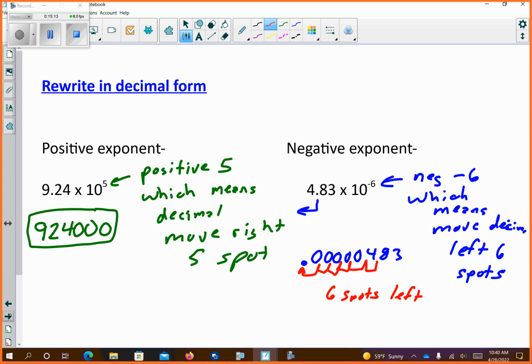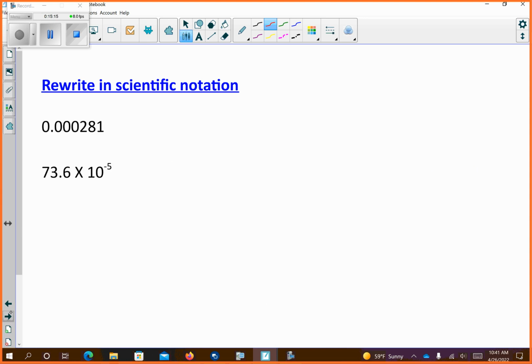Ready? All right, so now we want to write this in scientific notation. So I know I'm going to have 2.81. So let's see, 1, 2, 3, 4, 5 times 10. If I had a really small decimal, I'm going to have a negative exponent.